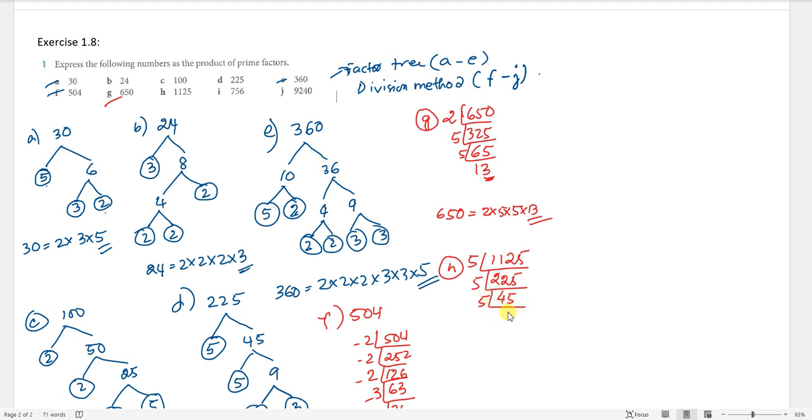We're gonna have 9. Divide by 3. 3 3s are 9. That's it. So 3 is a prime number. We end. So 1125 is equals to, as I said earlier, follow according to ascending numbers, so 3 times 3 times 5 times 5 times 5.